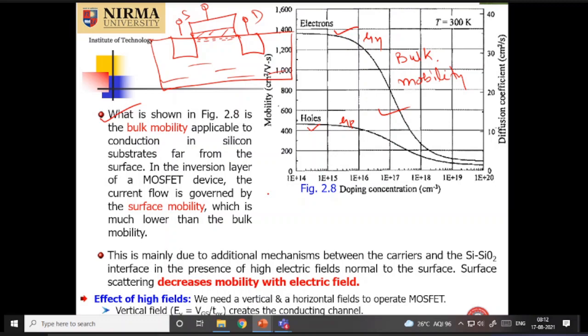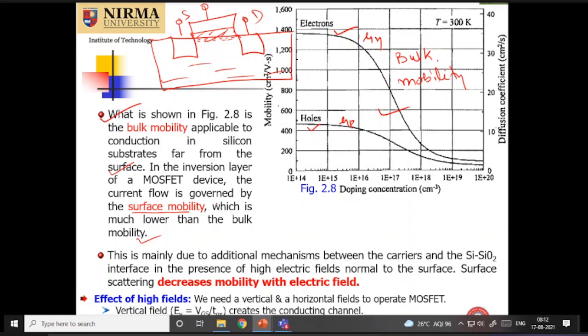What is shown in this figure 2.8 is the bulk mobility applicable to conduction in silicon substrates far from the surface. This is the surface. In the inversion layer of a MOSFET device, the current flow is governed by the surface mobility, meaning channel mobility, which is much lower than the bulk mobility.